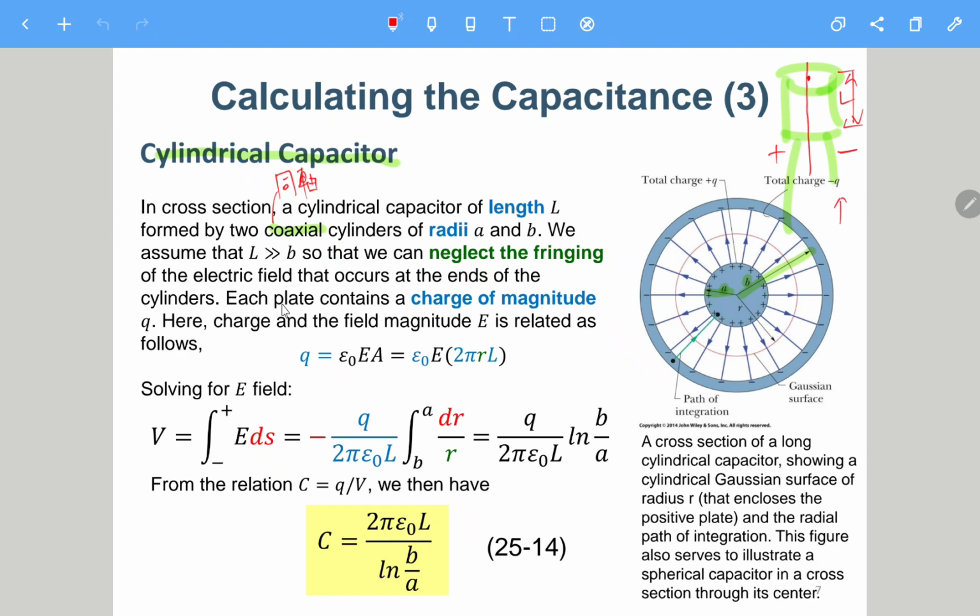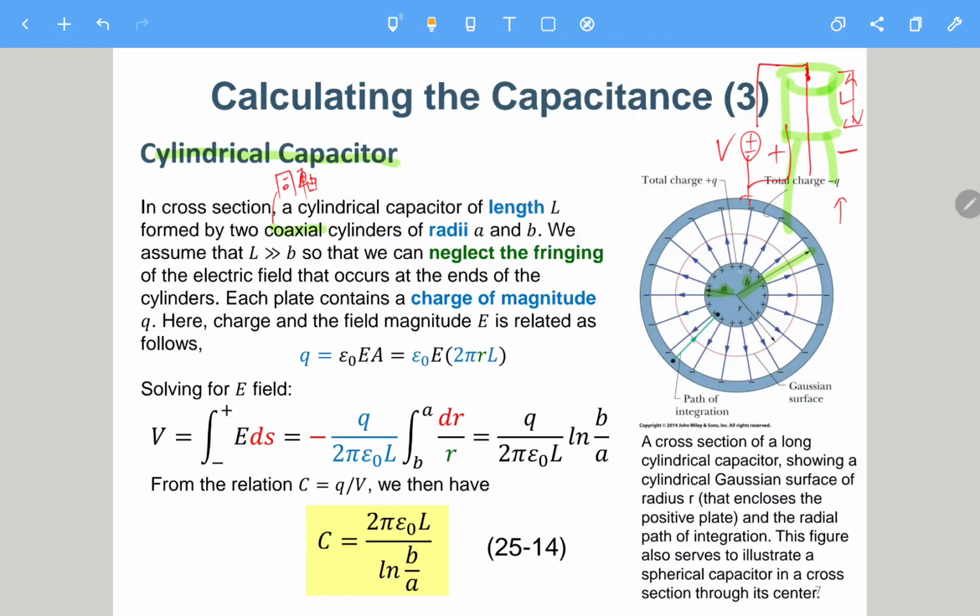Each plate contains a charge of magnitude Q. Which means that we apply to the inner cylinder a higher electric potential, so it should have a voltage or potential difference V, so that the inner one will have positive charge.